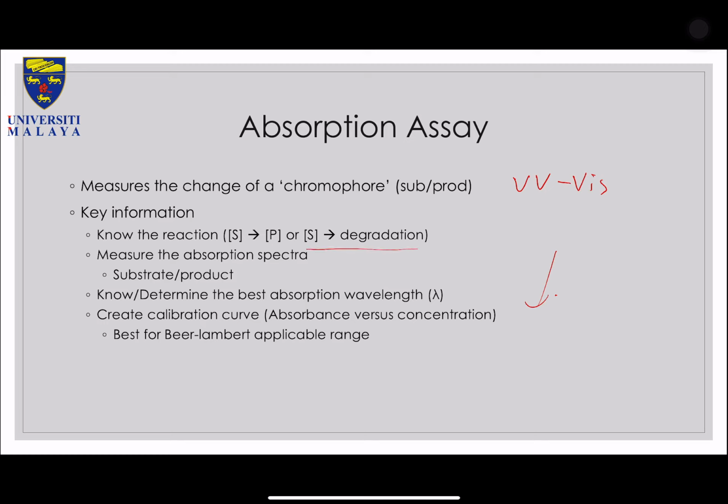So this is, for example, if you are doing an assay to look at antibiotic activity. Say for example a penicillin antibiotic. The mode of action for this penicillin antibiotic is to inhibit enzyme activity for cell wall formation.